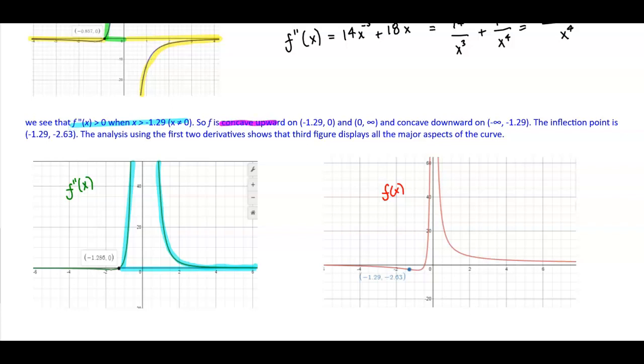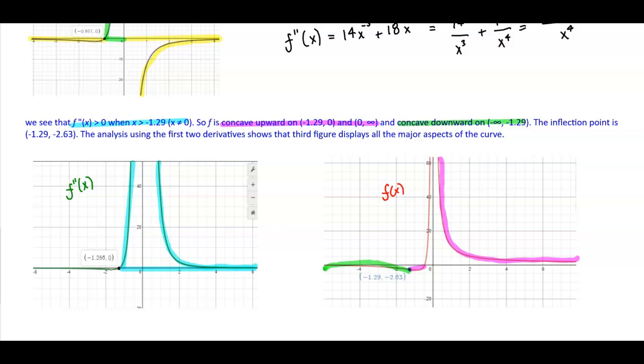So it's going to be concave upward from -1.29 to 0. And it's also going to be concave up from 0 to infinity. And we know that it's going to be concave downward from -infinity to -1.29. So there is the concave downward from there.